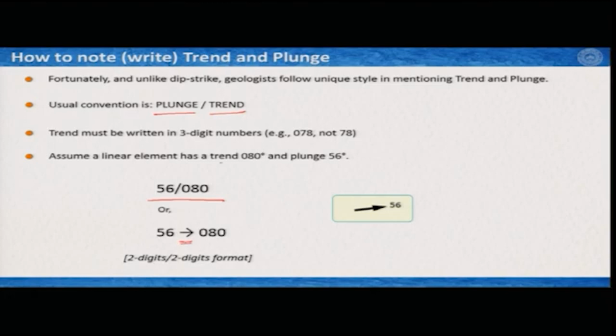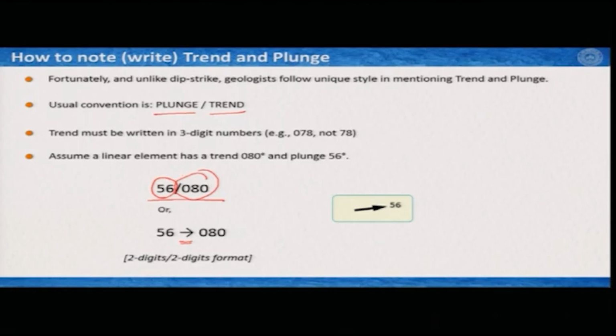Both of them have more or less similar meaning. The first two digits indicate your plunge value, and then the next 3 digits indicate your trend value.